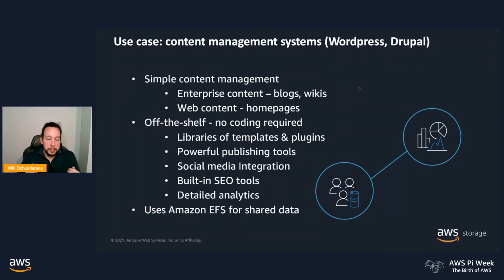And what's simple about this is because there's already off-the-shelf engines that allow you to build this. WordPress and Drupal are a couple of examples. You can take those and take all of the functionality that they have to offer. So templates, plugins, built-in SEO and social media and things like that. And simply just run them on AWS services that provide a serverless experience, EFS being one of them.